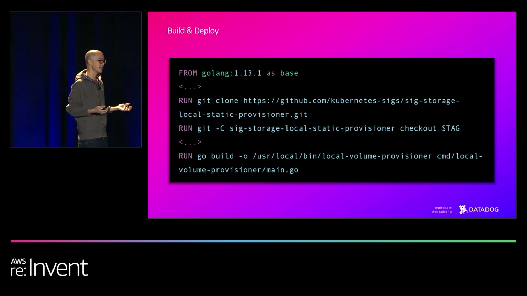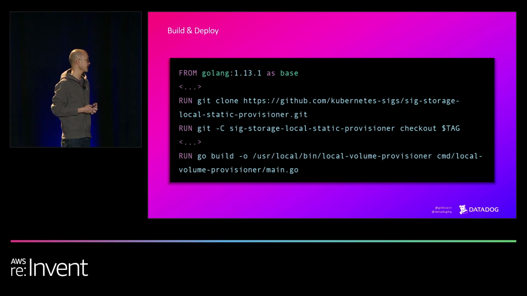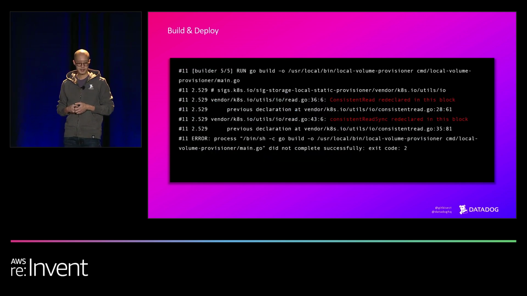We're pulling from the Golang base image. We then check out some code from GitHub, we roll that to whatever hash or tag that we want, and then we tell Go to build it. Pretty straightforward. So we rolled out this multi-arch image builder with all of these workers, and ended up encountering this.